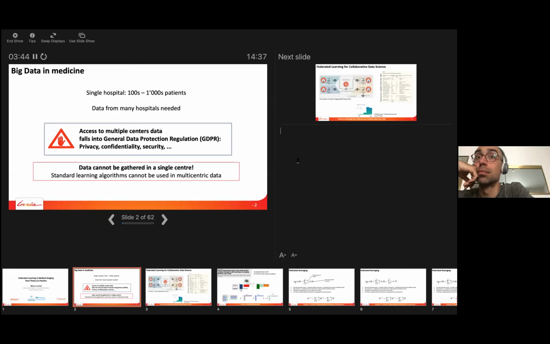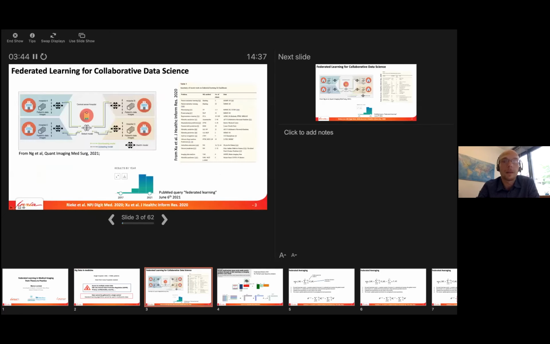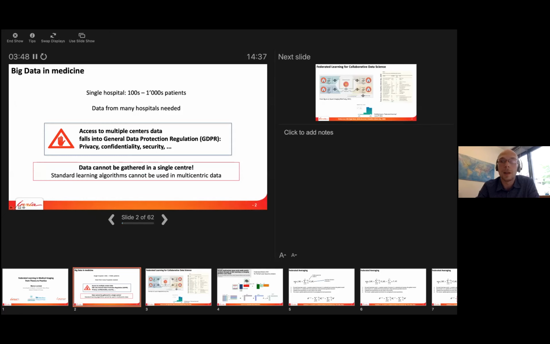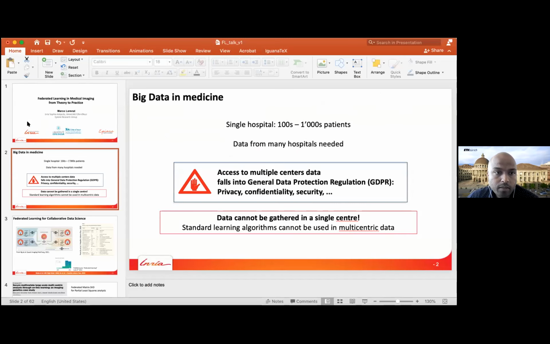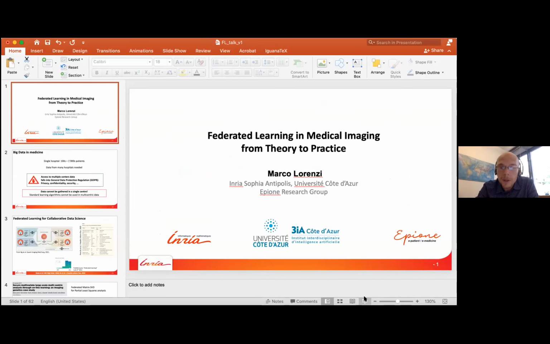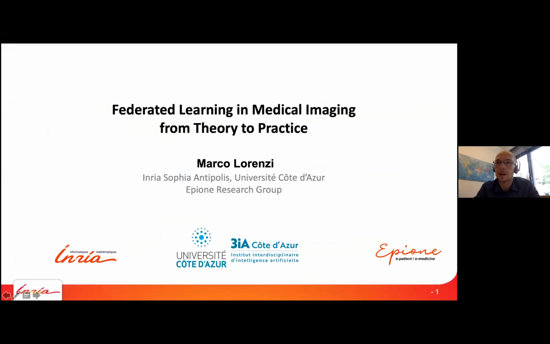Let me try. Maybe what I can do, I can remove this. Tell me if now it is better. Yeah, now it works. Okay, I had two screens, so I removed one.